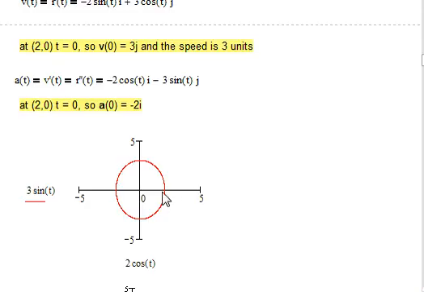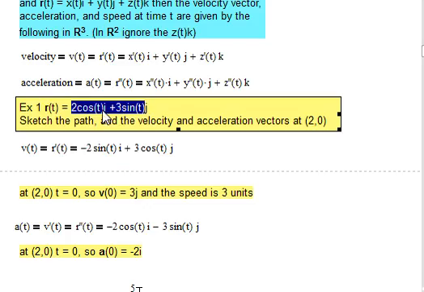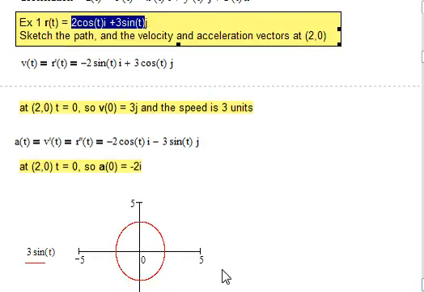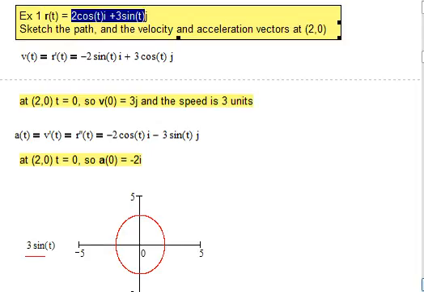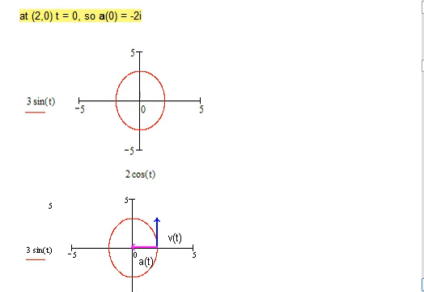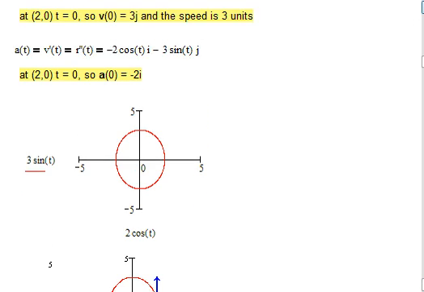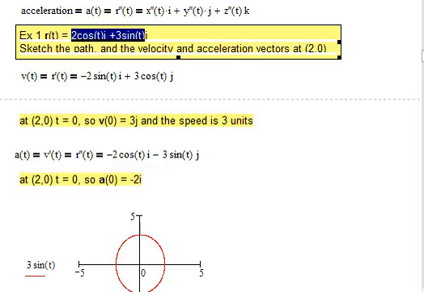I can't do that with my software, but if we started when t equals 0, then we would have 2i plus 0j, so we'd be starting at this point right here and moving counterclockwise.